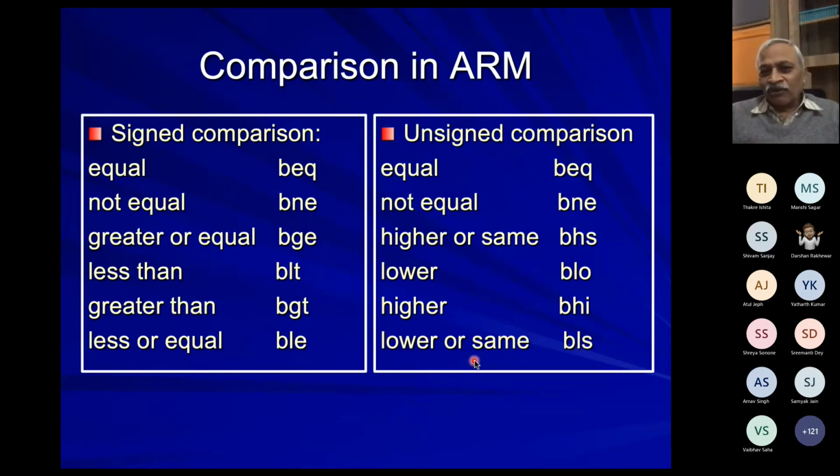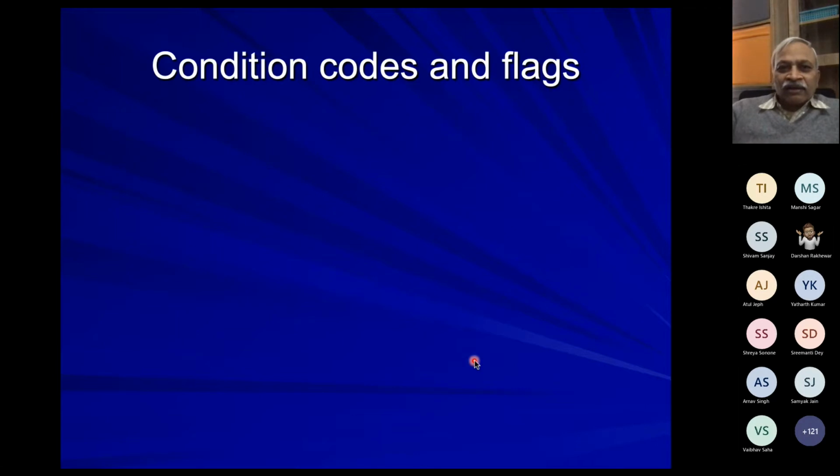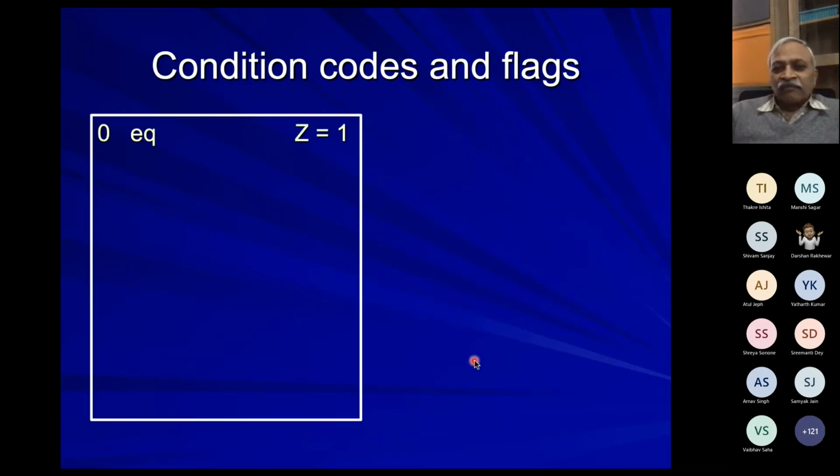All these conditions are basically checked by looking at these flags, and this is the table that will define the relationship. Branch on equal will basically check if Z is 1. Ignore this first digit which is appearing here. Equal means Z is 1. Not equal means Z is 0. Why is it so?